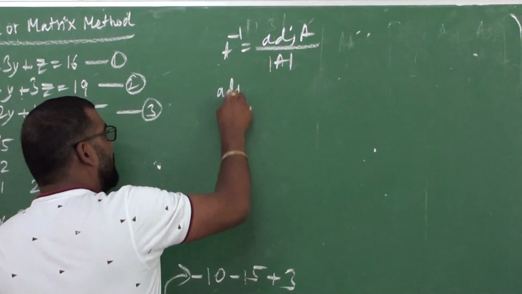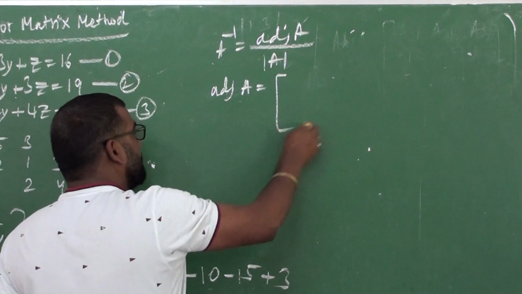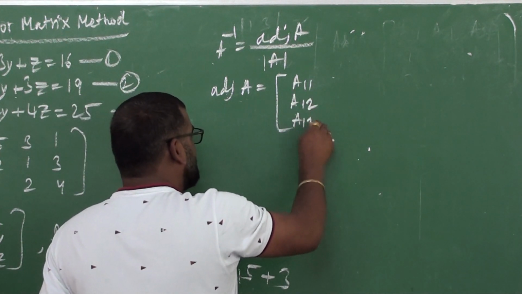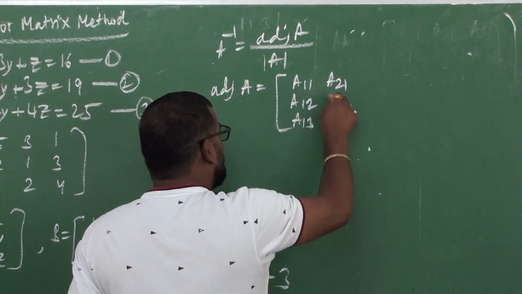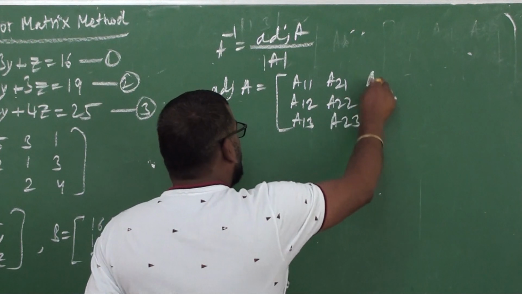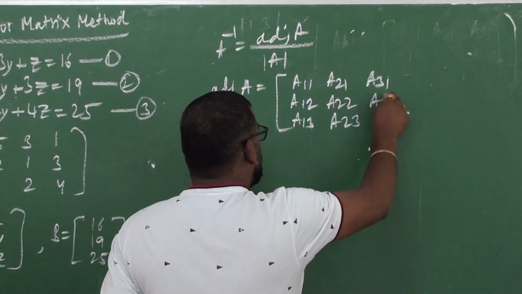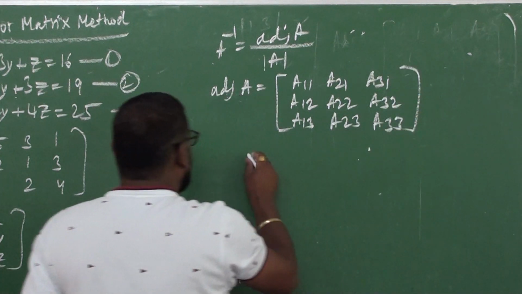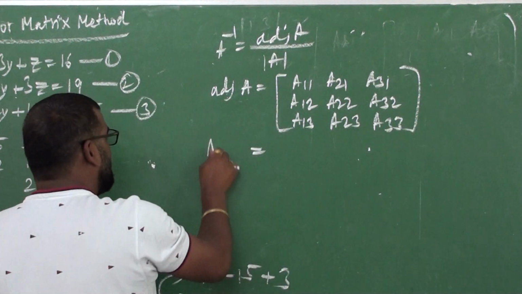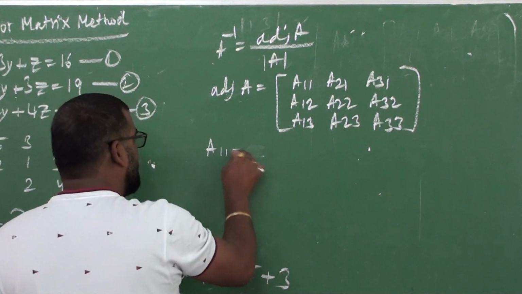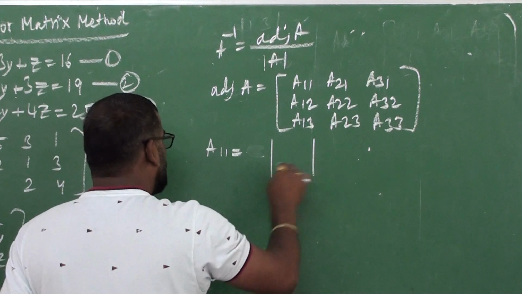To find the adjoint of A, which is given by A11, A12, A13, A21, A22, A23 and A31, A32 and A33. Again, let's find out A11. I'm dealing with each and every process for you so that you don't get confused about how to deal with this.